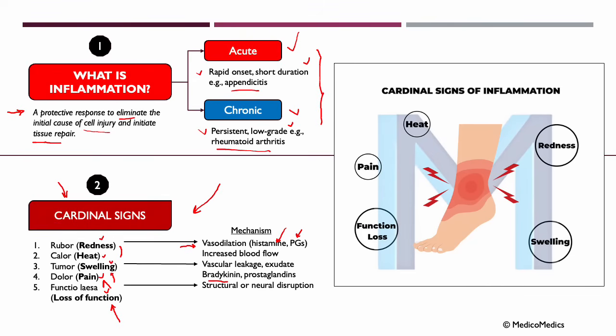Well, these signs are essential for bedside diagnosis. Whether it's the red, hot joint of acute gout, or the swollen finger in cellulitis, or the loss of function in a stroke caused by vasculitis, recognizing these patterns of inflammation allows for rapid and accurate clinical reasoning.